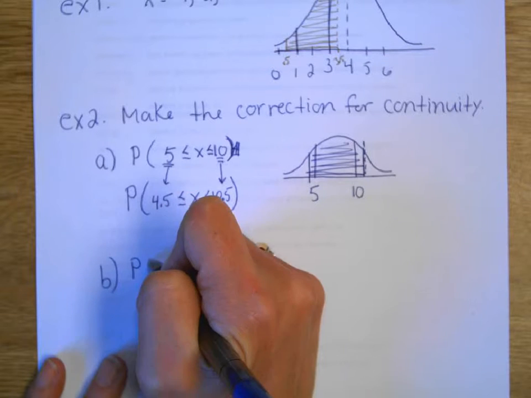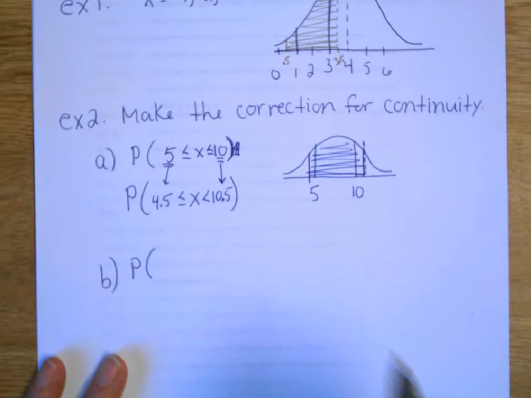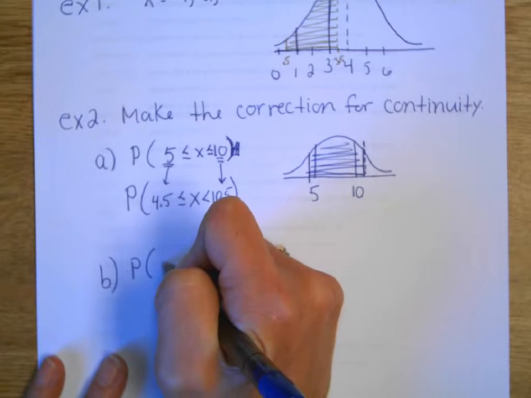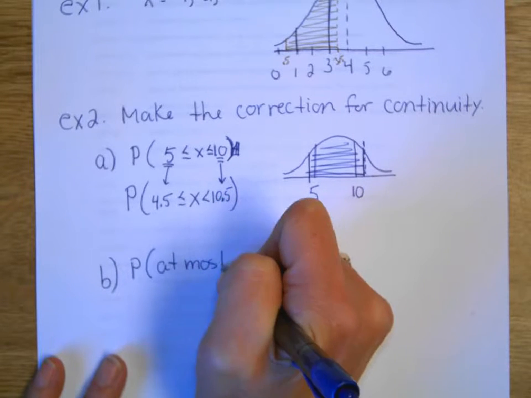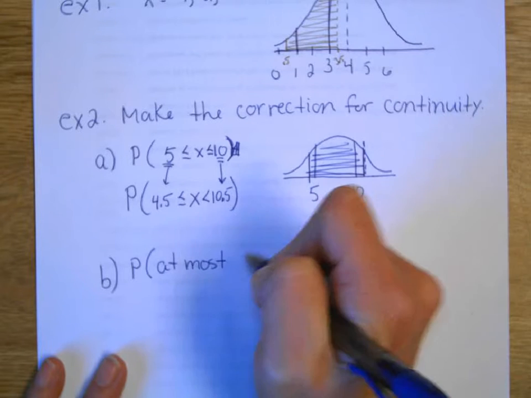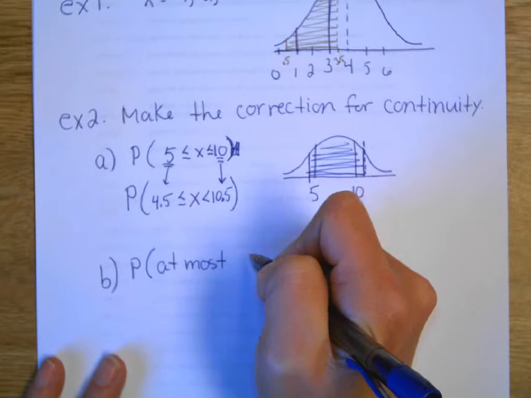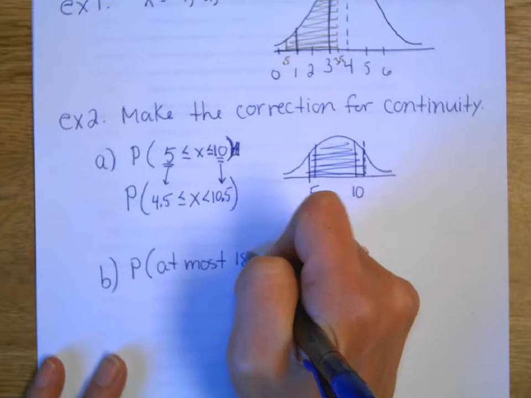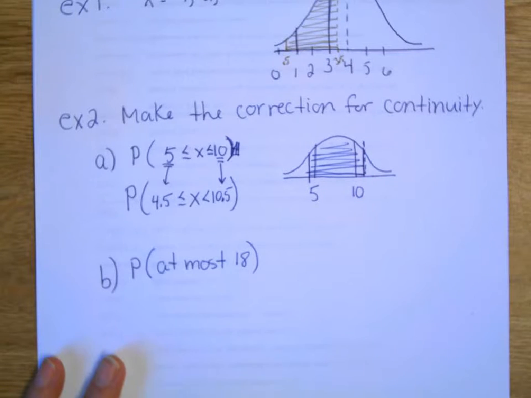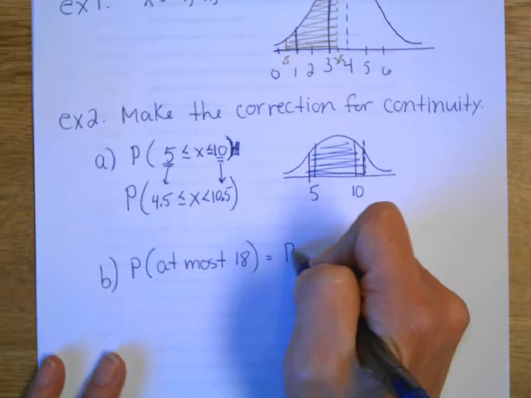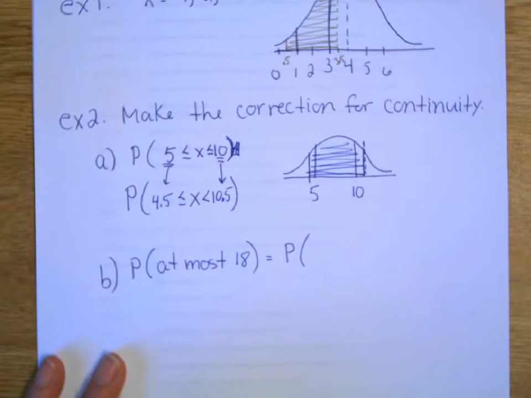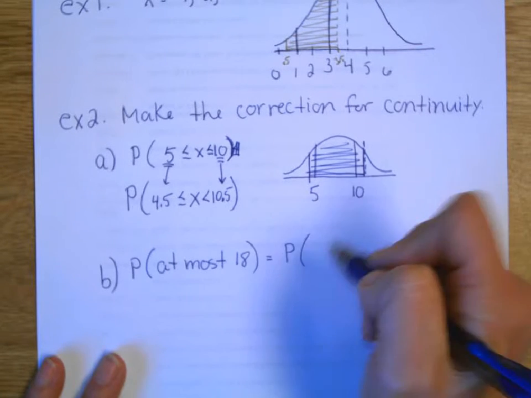Let me do 4. What if I turn it into words first? At most, 18 successes. What does at most 18 mean as an inequality?